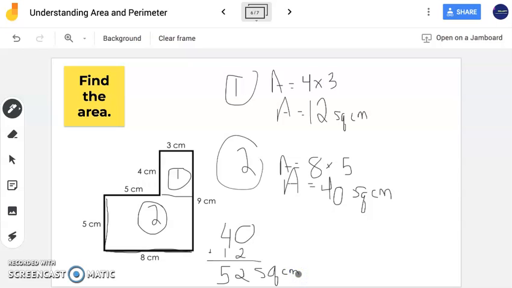Now, as you've been working on these figures in the past, make sure that you're breaking this rectilinear figure into individual rectangles. That will make it much easier when finding the area. Feel free to redraw this as well on a scrap piece of paper to help you with this problem.